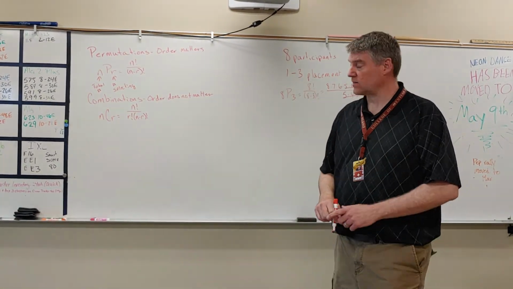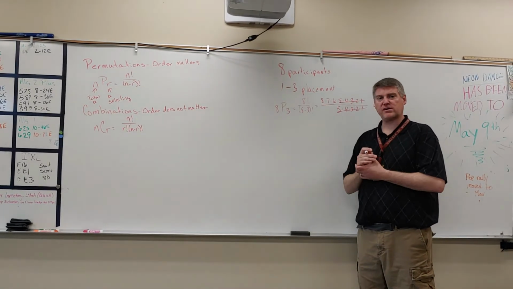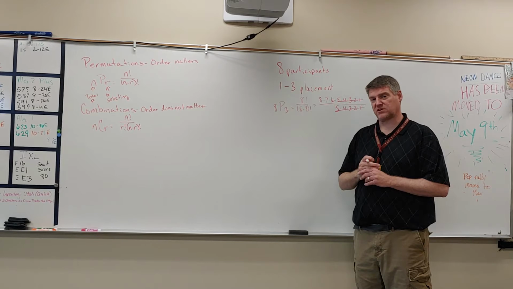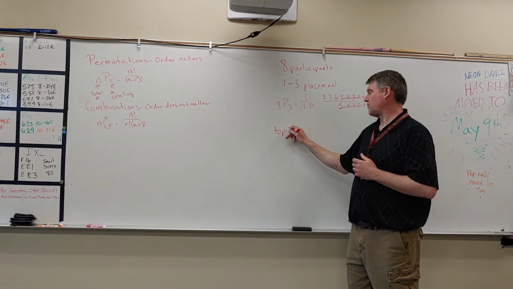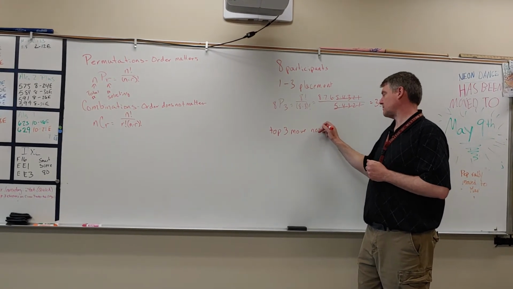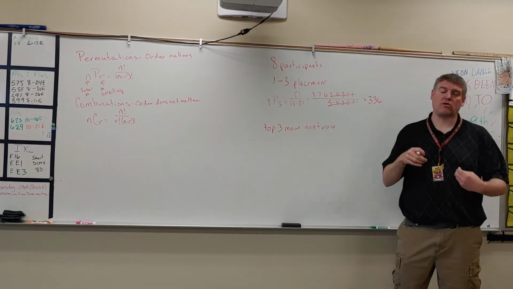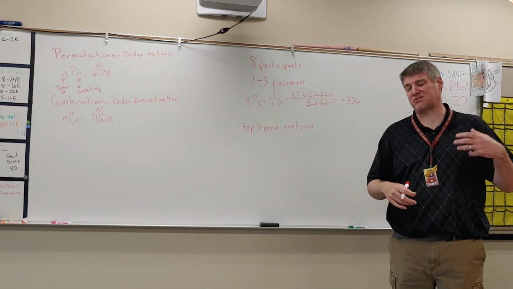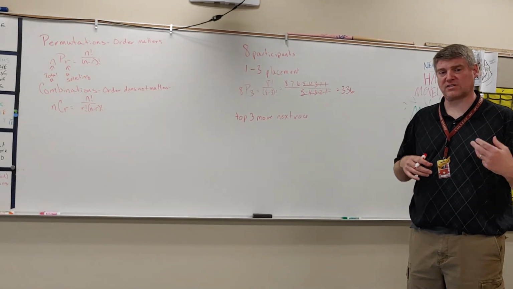So if we look back at our race here, maybe I don't want to know who finishes first, second, and third, but let's say the top 3 move to the next race. Now I have changed this problem from order matters to order doesn't matter, because I don't really care if a person ends up being first, second, or third.